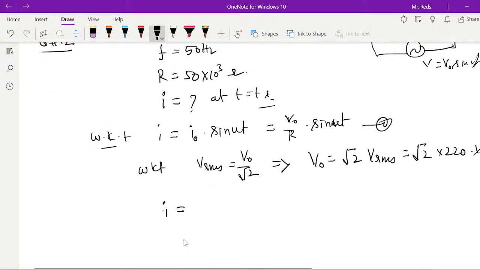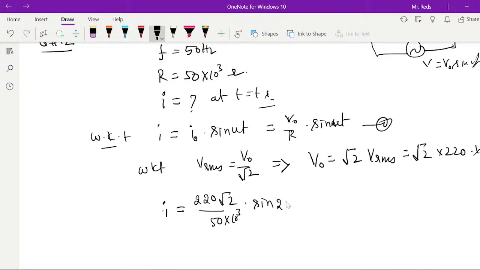yes, do it yourself and simplify. V naught is 220 root 2, divided by R, which is 50 kilo ohm, 50 into 10 to the power 3, into sin omega t. Since frequency is given, you have to write omega t in the 2 pi f form.